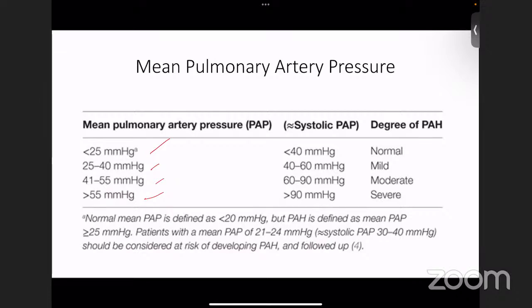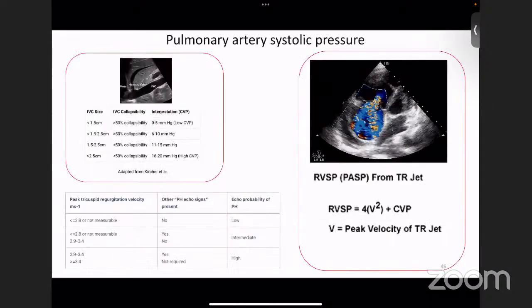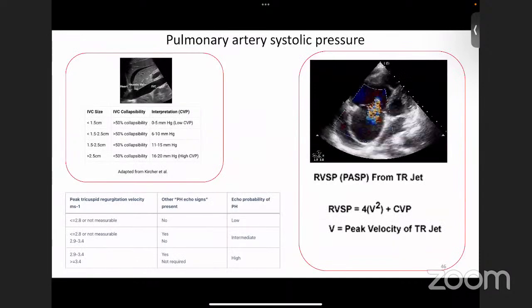It takes at least 48 to 72 hours for the RV to hypertrophy to cause that much pulmonary artery pressure. So if the pulmonary artery pressure is 40 or 55, then you can think that it is an acute rise in pulmonary artery pressure. But something like 80 or 90 of pulmonary artery systolic pressure will be a chronic cause. So again, I'm telling the same thing.